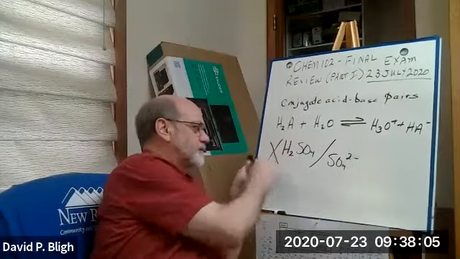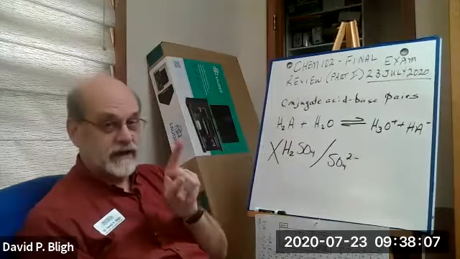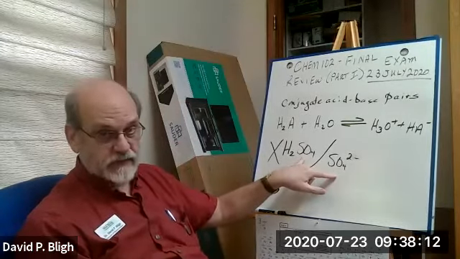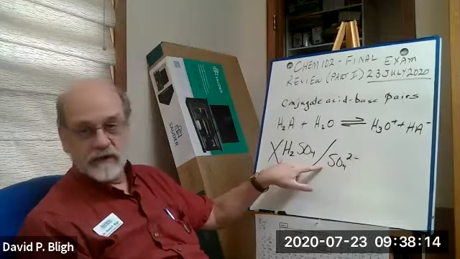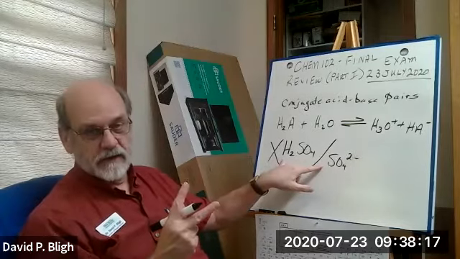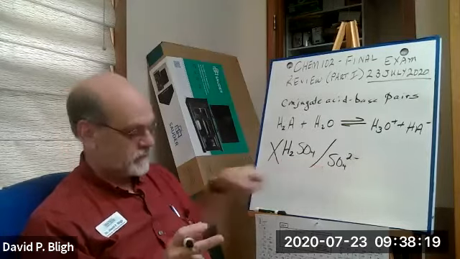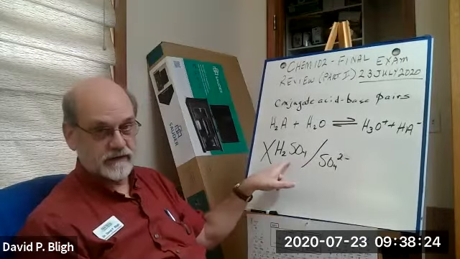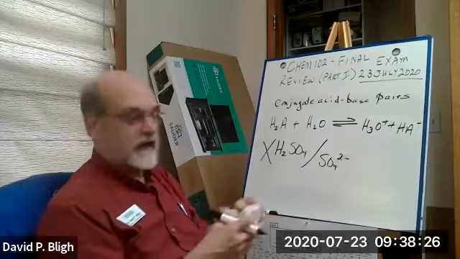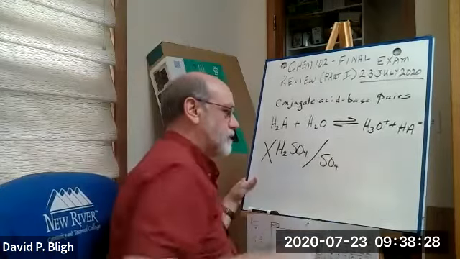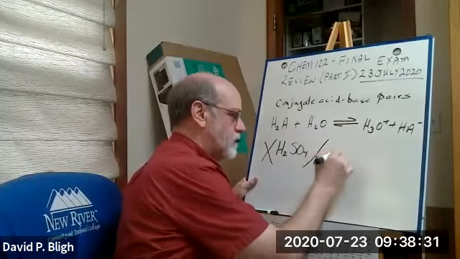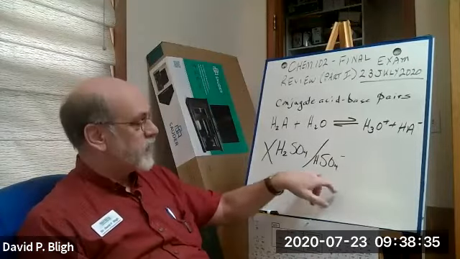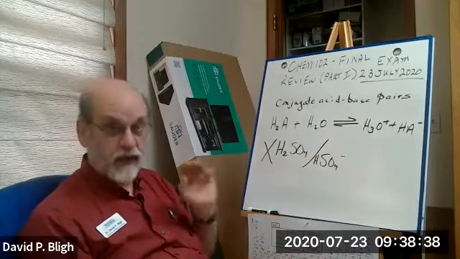It's false. It met one condition, but not both. Those two groups are the same on both sides. That's true. But this, you've lost 2 protons. And that, by definition, is not the conjugate base of that acid. What would be the conjugate acid of that thing? The hydrogen sulfate ion would be the conjugate base of that acid. Okay, that would be true.